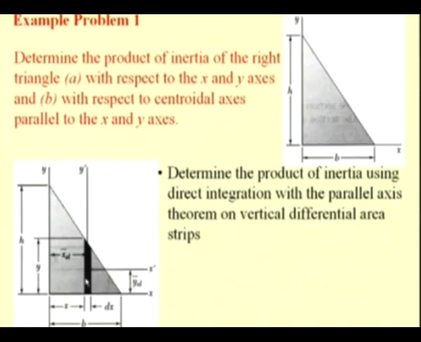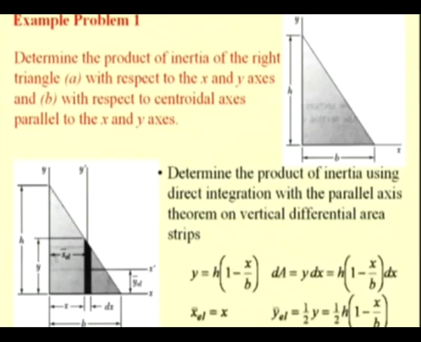And then we can integrate it between the limits, that is x from 0 to b. From the similar triangles, we have y equal to h times 1 minus x by b.